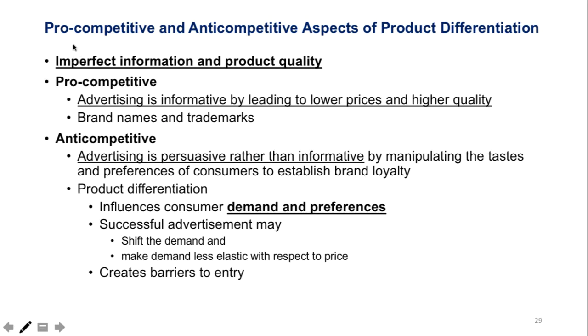Looking at the reasons for differentiation, you see that there are pro-competitive and anti-competitive aspects of product differentiation. The product may be different in a monopolistically competitive market because of imperfect information and product quality. Advertising is informative by leading to lower prices and higher quality.